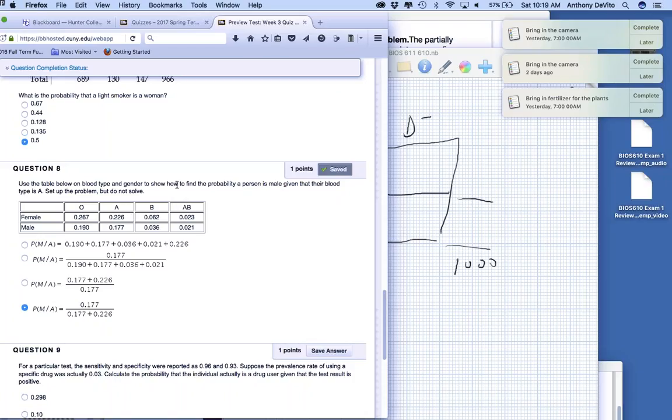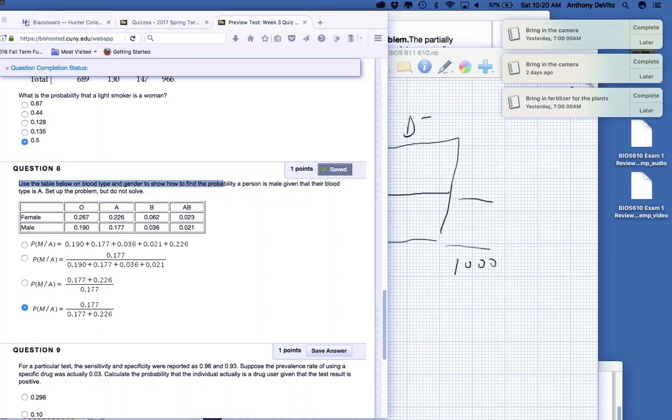So the probability that a person is male, given that he has a blood type A, is 17% over the 40%. Does that make sense? Is that a bit clearer?